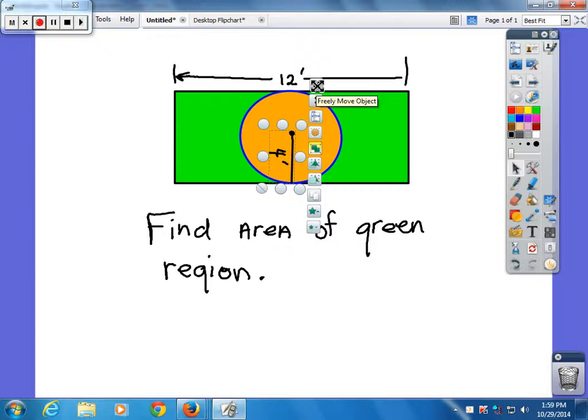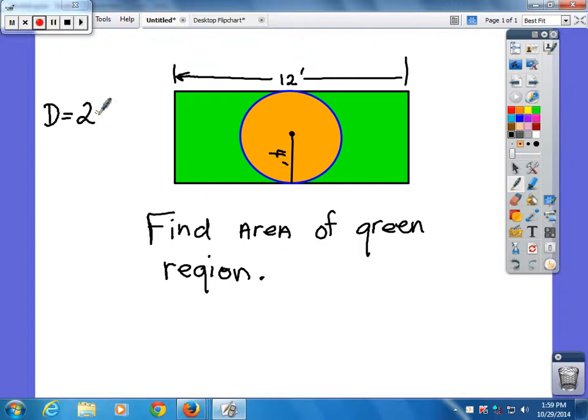And as she just said, what is the radius? The diameter is equal to 2 times the radius, little r, not big R. So if this is true, then D is equal to 2 times 4, which is what?